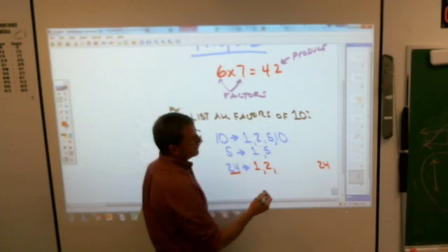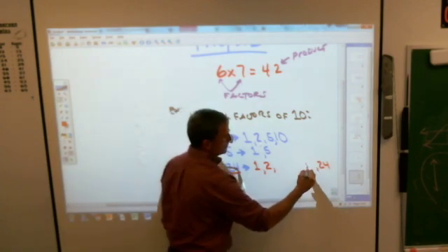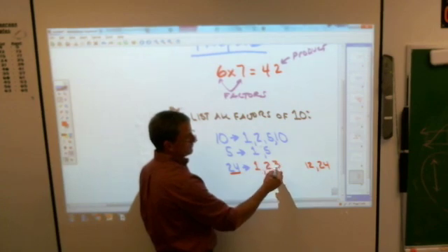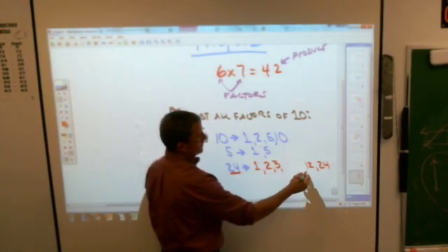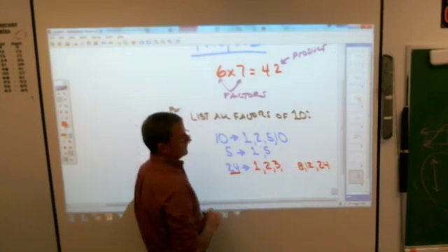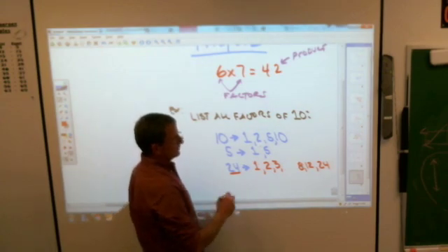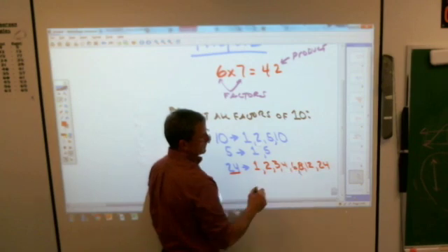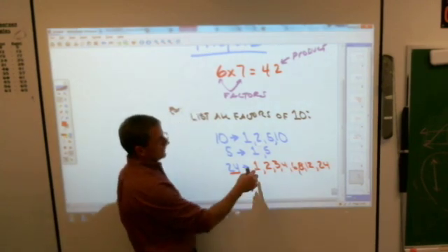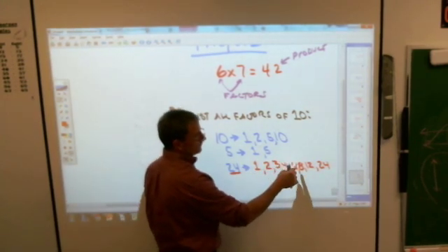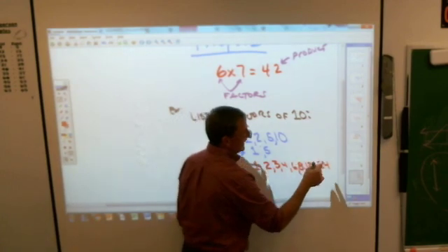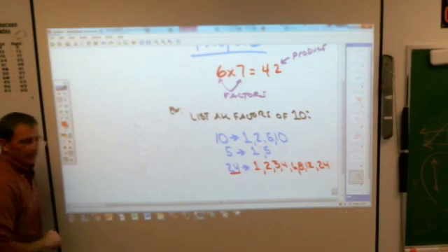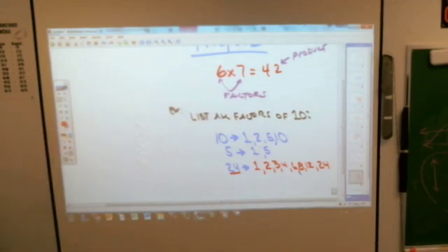What's half of 24? 12, so that's what 2 times. How about 3? Is 3 a factor of 24? 3 times 8. Is 4 a factor of 24? Yep. 4 times 6. So 24 has 1, 2, 3, 4, 5, 6, 7, 8 factors. 8 different factors, and they will ask you to list all of those.